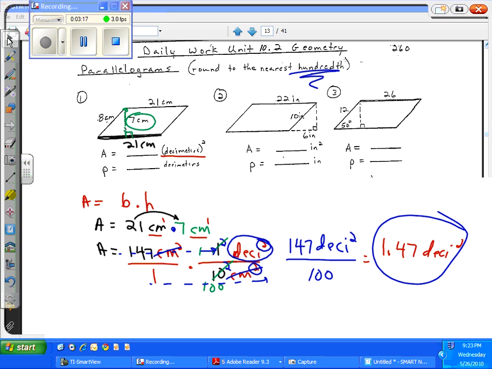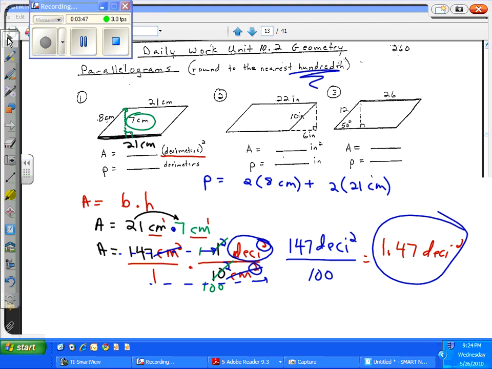I'm going to do perimeter up here just because of space. Perimeter is the sum of the sides, which is 2 sides at 8 centimeters, plus the other 2 sides at 21 centimeters.